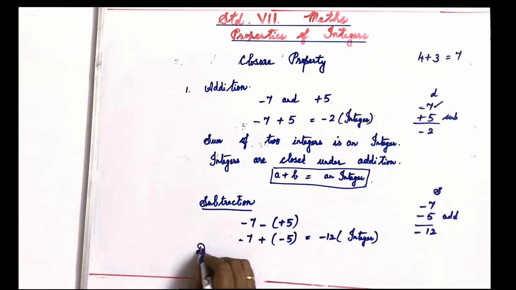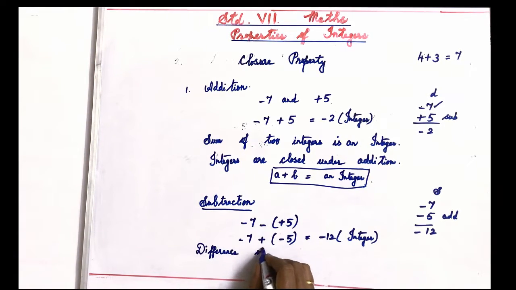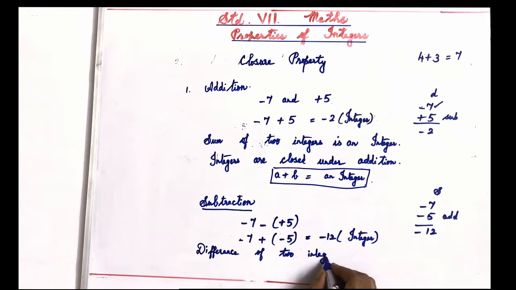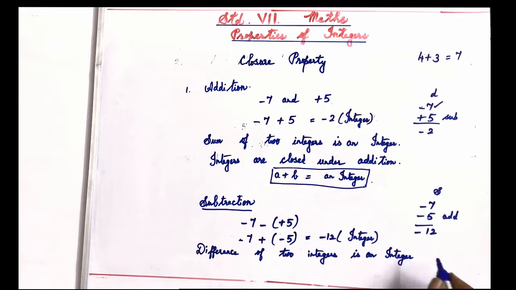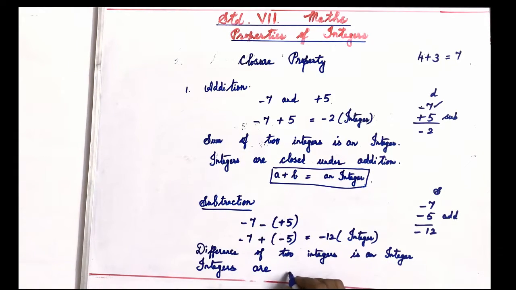This is again an integer. So here we can say the difference of two integers is an integer. And what is this property called? Closure property. So integers are closed under subtraction.